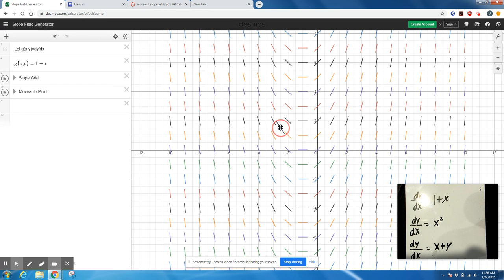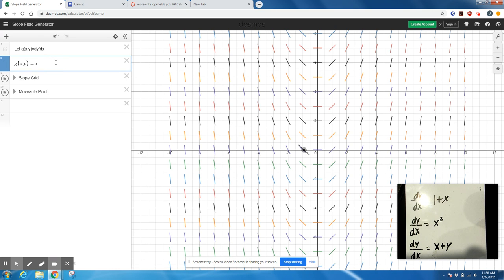At different places in the field, this is what the slope would be, and you can almost imagine an infinite number of parabolas being drawn in here. In fact, there are an infinite amount of parabolas. The C determines which specific parabola you're talking about. So this is not the match. This is what the slope field for 1 plus x looks like. Let's look at another one.